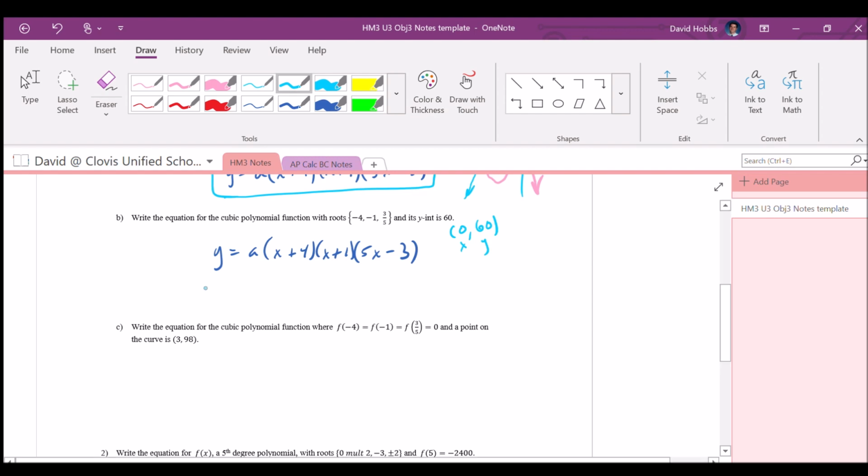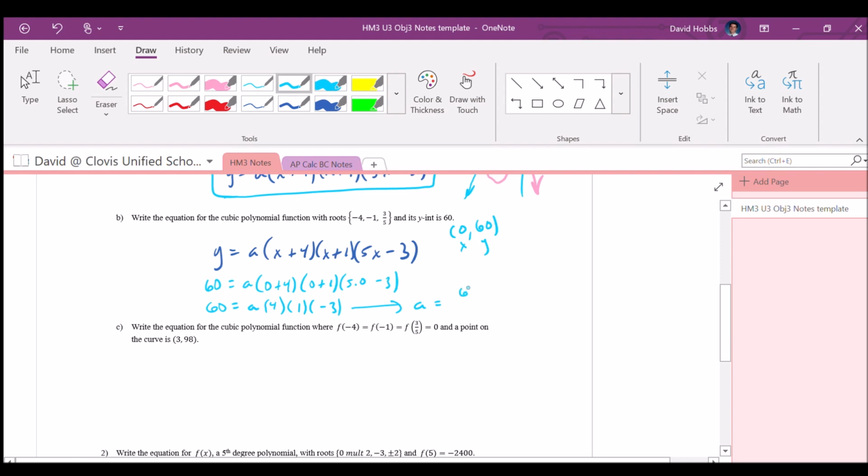So let's plug it in. 60 equals a times 0 plus 4, 0 plus 1, 5 times 0 minus 3. Now, I don't expect you to write the zeros like this in the future, because in the future I would expect that you would probably just do a times 4 times 1 times negative 3. And so anyway, we can solve for a.